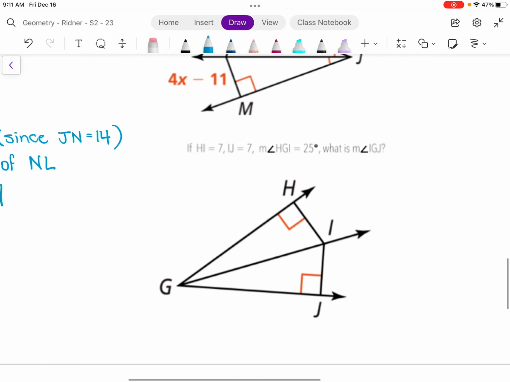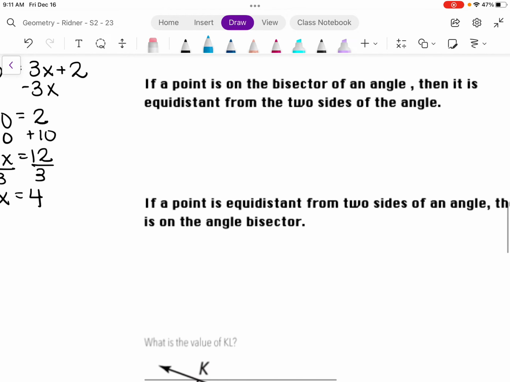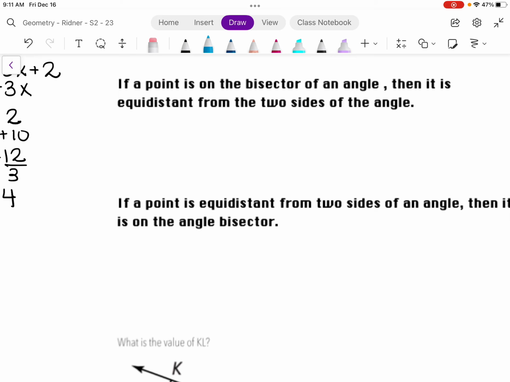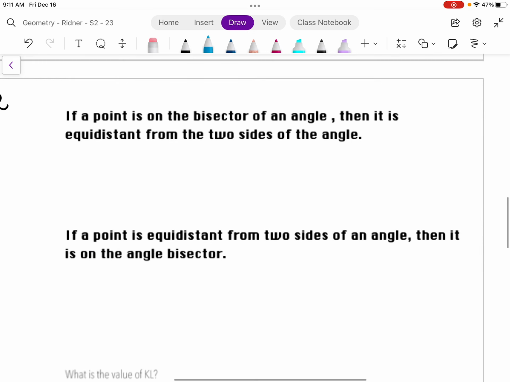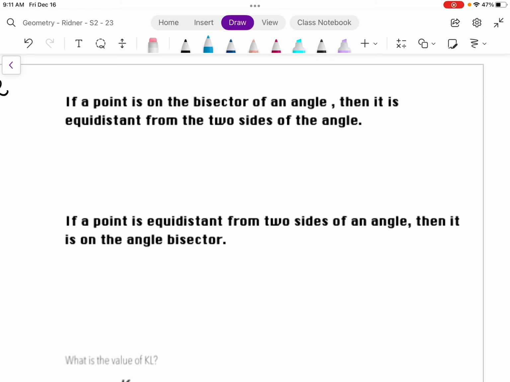All right, we're getting there, we're getting there. If a point is on the bisector of an angle, then it is equidistant from the two sides of the angle. So if I have an angle, and I have an angle bisector here, any point that I pick drawing a line to the angle is equal to any point that I draw a line there at the same spot.